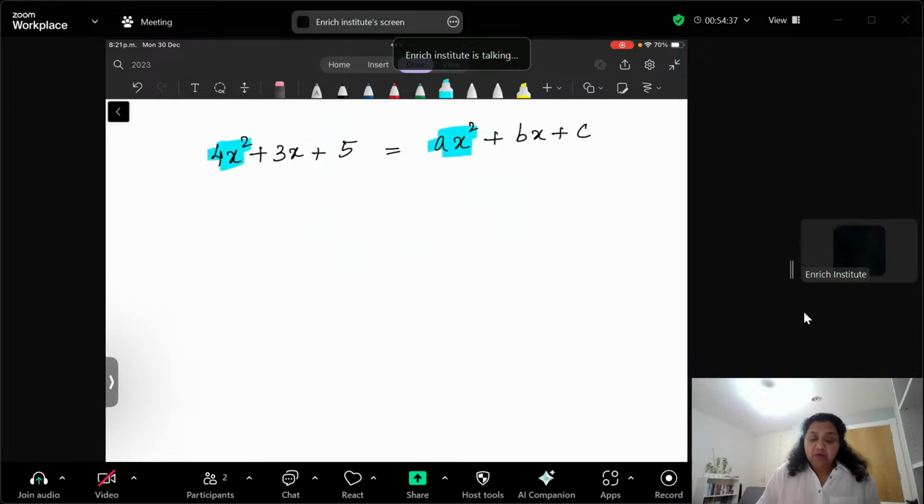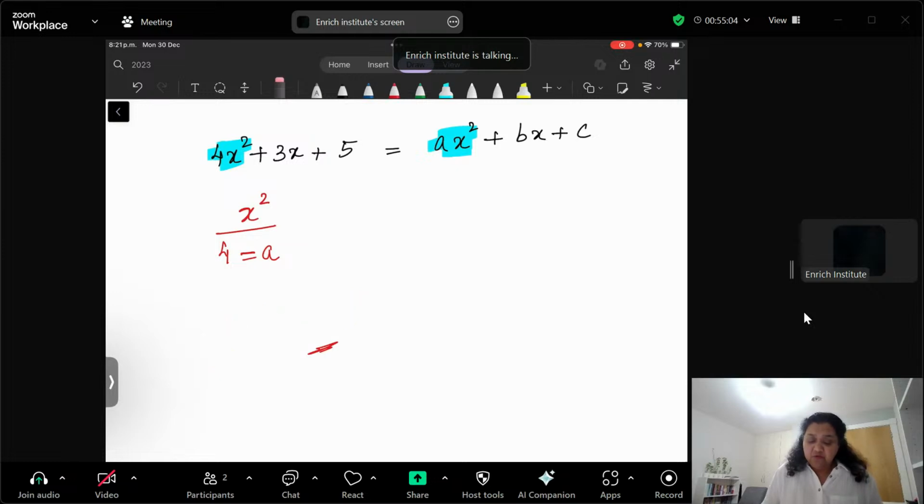So what I can do is combine these two. I can say that both are equal, so I'm saying x square, I can say that 4 is equal to a. What I'm doing is just combining 4x square is equal to ax square. And x square is the same on both sides, so I get 4 is equal to a. That is what I'm doing.